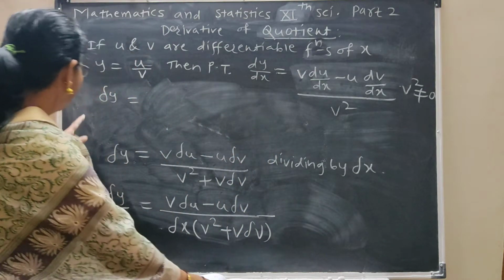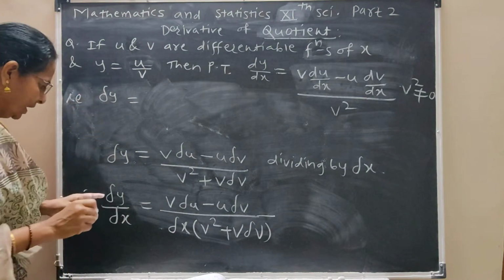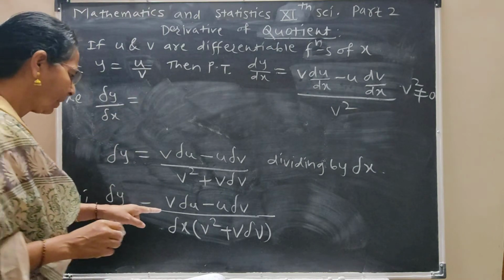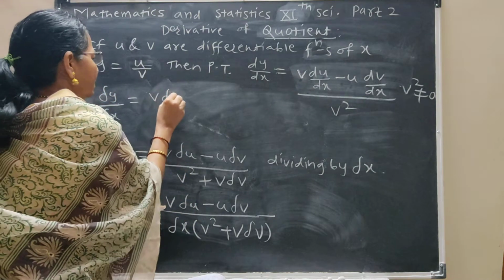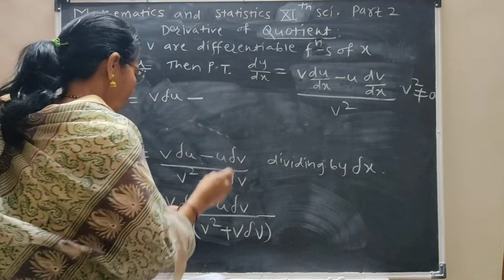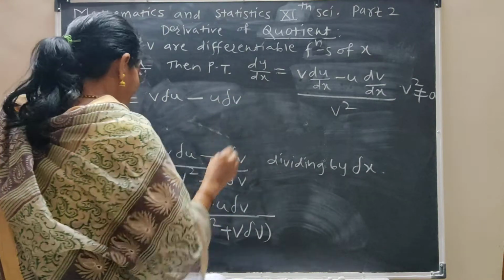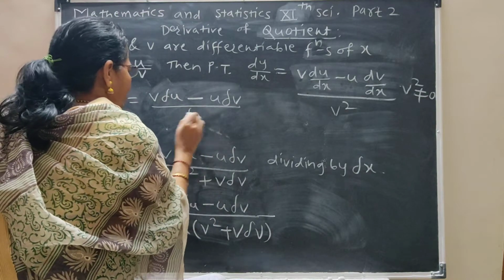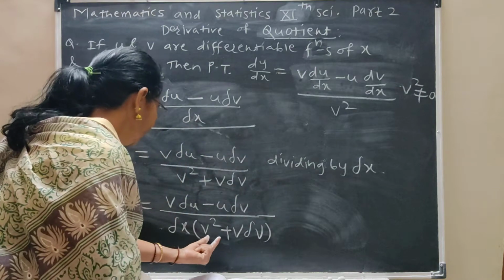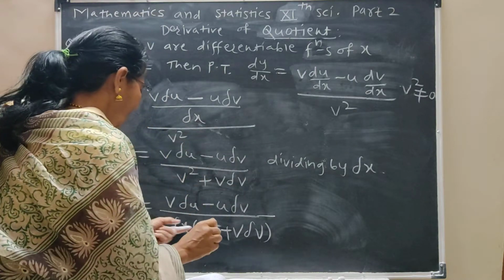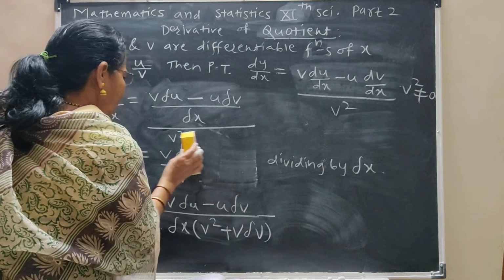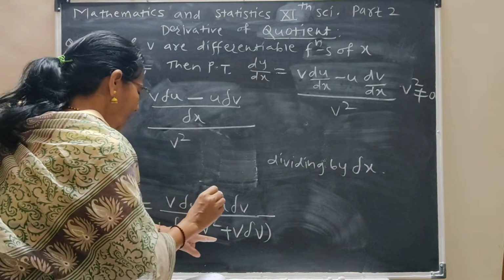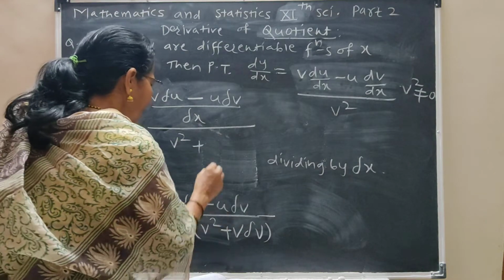Next step, delta y by delta x is equal to v delta u minus u delta v, take this delta x here, divide by v square plus v delta v.